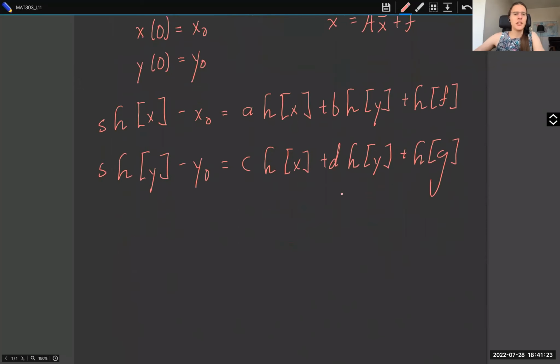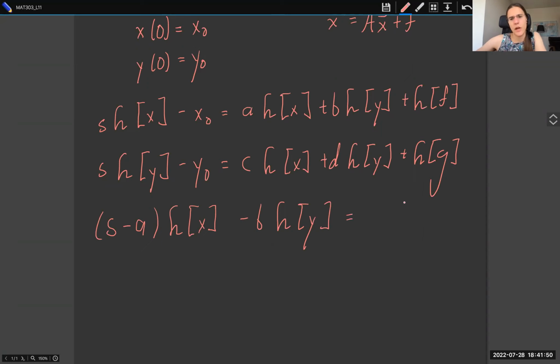And if we rearrange this, then what we get is s minus a times L of x, minus b L of y, is equal to L of f plus x naught.